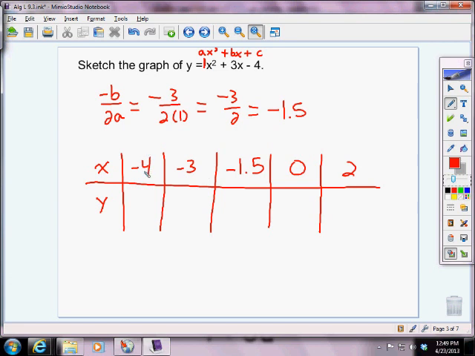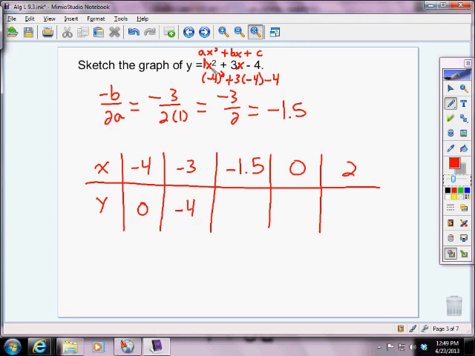Now I'm going to take these input values and plug them in here for my x's. And I'm just going to take a calculator and go negative 4 squared plus 3 times negative 4 minus 4. When I do that, I end up with 0. Then I'm going to do the same thing, but this time instead of using negative 4, I'm going to input my negative 3. If I input my negative 3 here, my output is going to be negative 4.